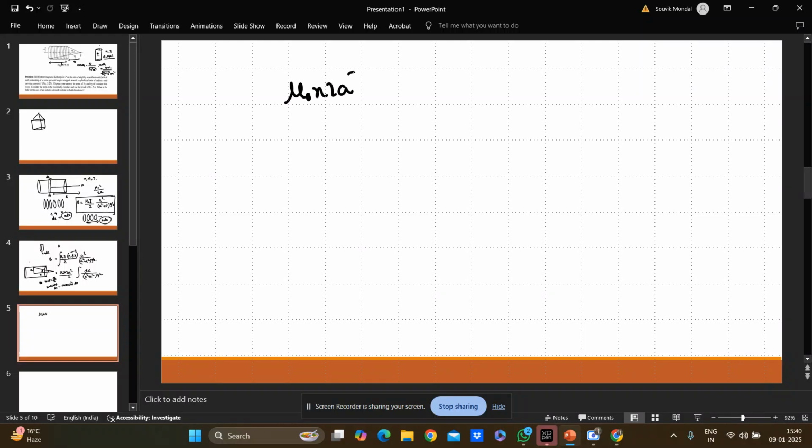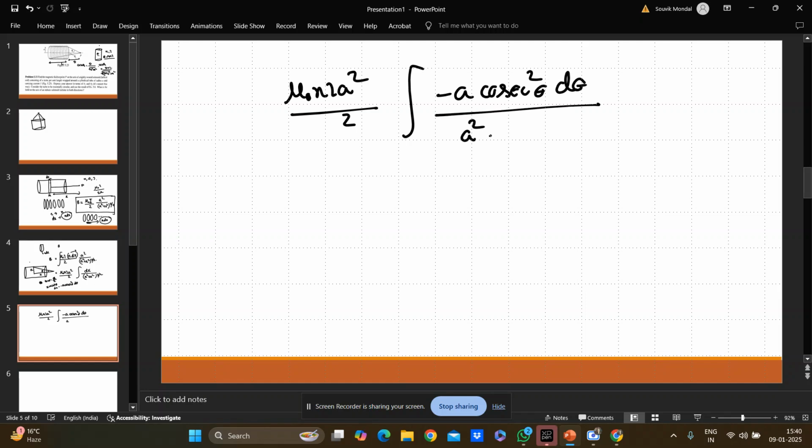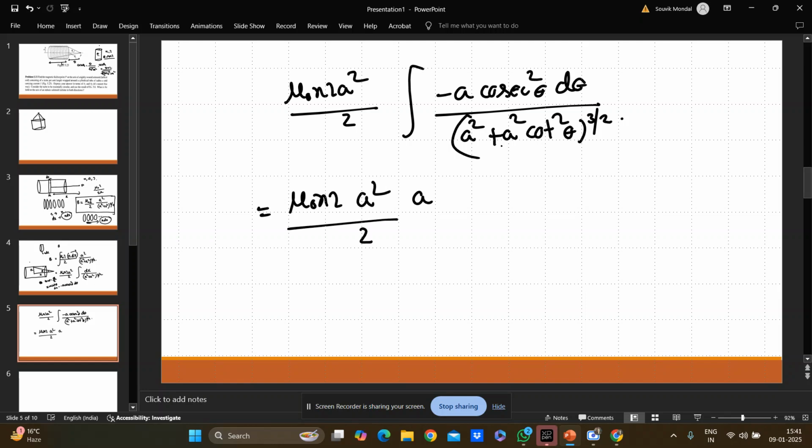Mu naught n I a square by 2, dx is equal to minus a cosec square theta d theta, into (a square plus a square cot square theta) to the power 3 by 2. Okay, so mu naught n I a square by 2 into a, upon a square to the power 3 by 2, integration of cosec square theta d theta.